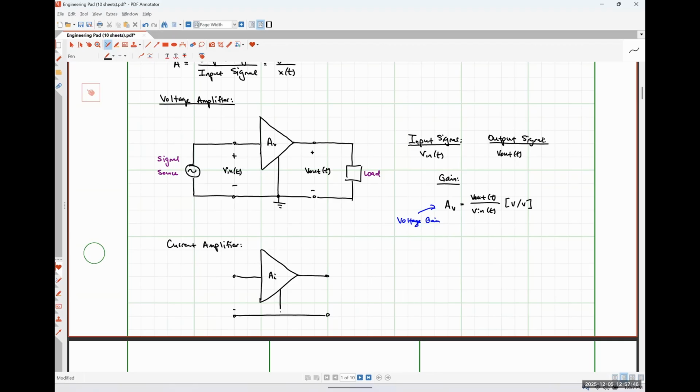So here's my amplifier circuit. I'm going to have some input current signal, I in of t here. I'm going to have some output current signal, I out of t here. That input signal is going to be generated by a signal source, yet again.